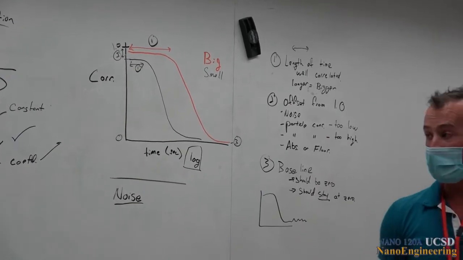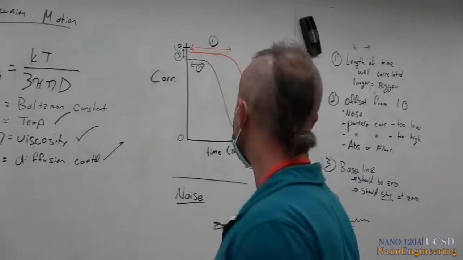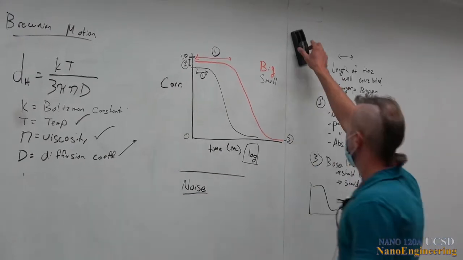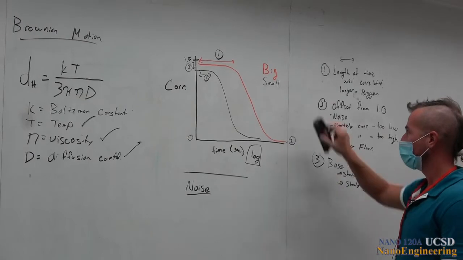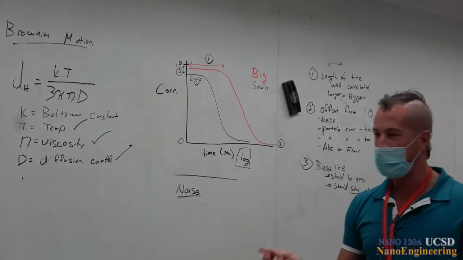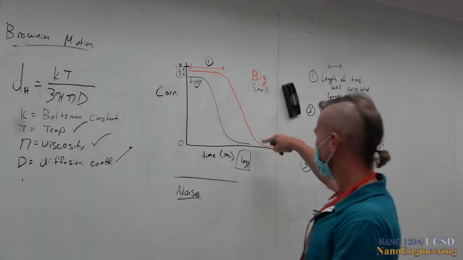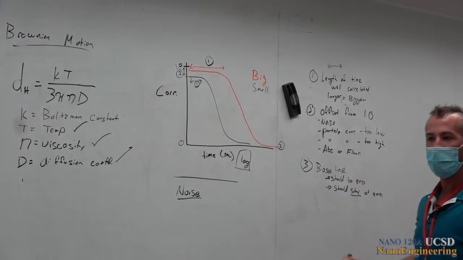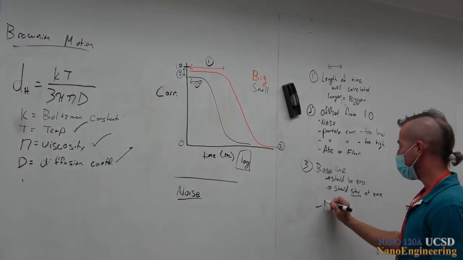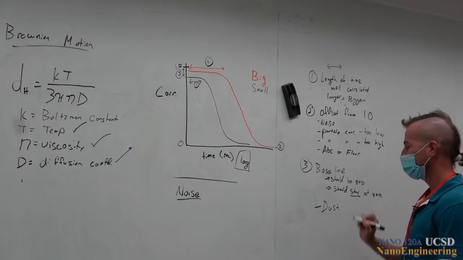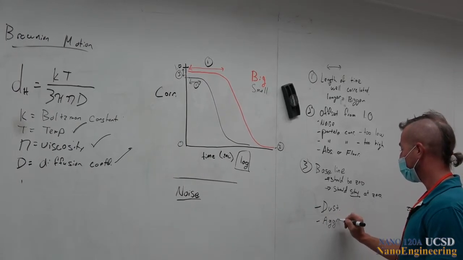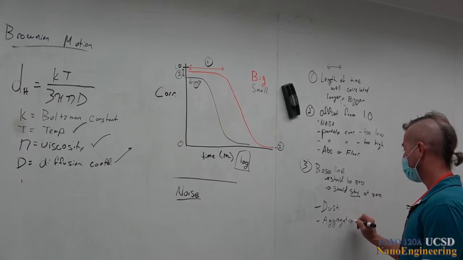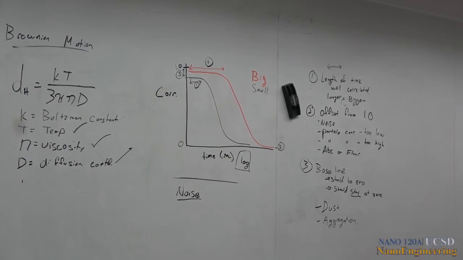What do you think that means? Think about it for a hot minute. If you have background variation, whoop, that means you've got dust in your sample, or some kind of aggregation. You've got an imperfect sample.